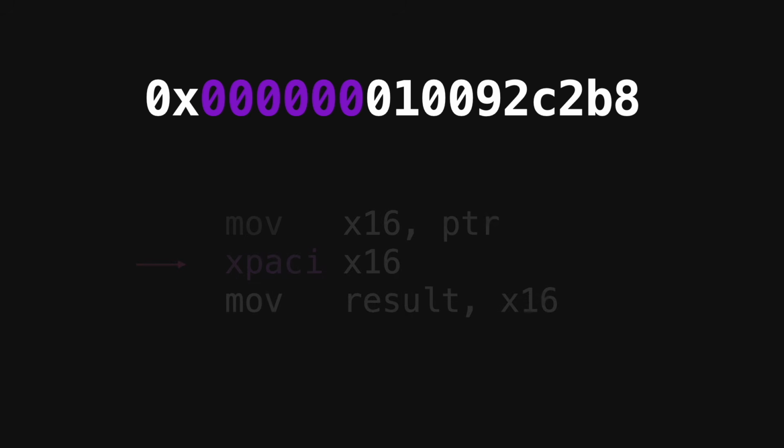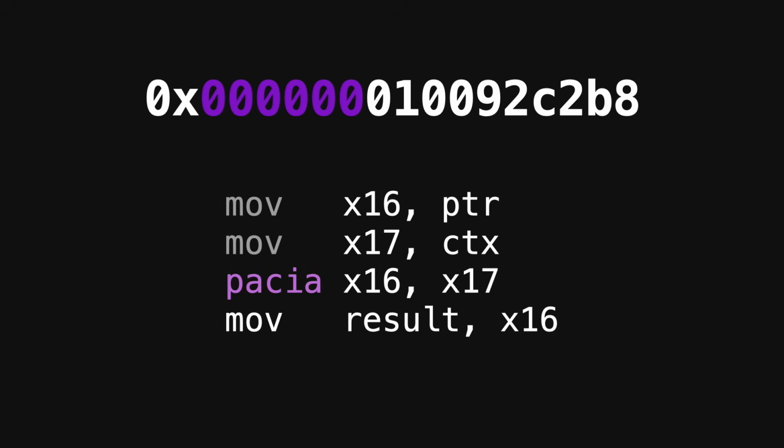Now we will try to sign that pointer with the PACIA instruction, which means that we want to sign the pointer, which is an instruction pointer, with the A key. We put the pointer into register 16 and the context in register 17. Then we call the instruction PACIA, and boom, our pointer is now signed.